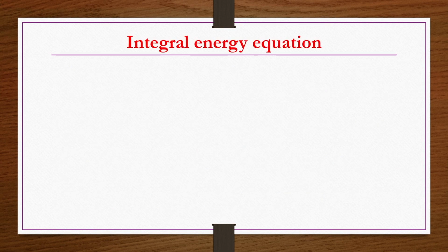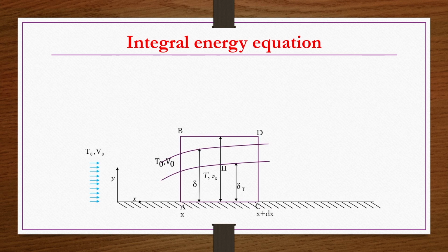right. So, now we develop the integral energy equation. Here the same control volume we are taking. Now, here in addition to V naught free stream velocity, the temperature of free stream fluid is T naught and then surface temperature is Ts, right.